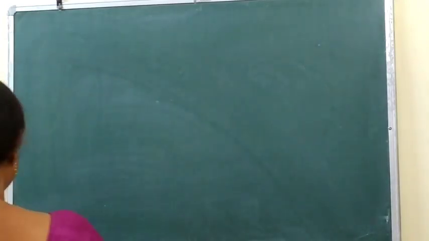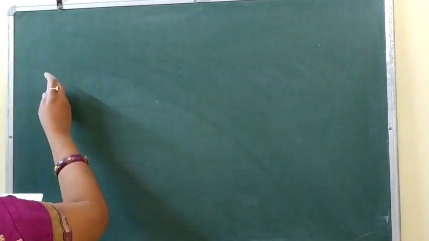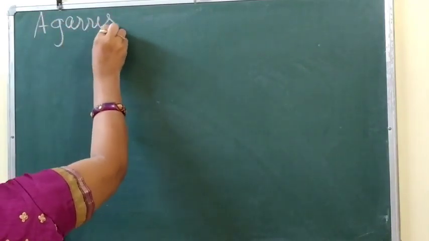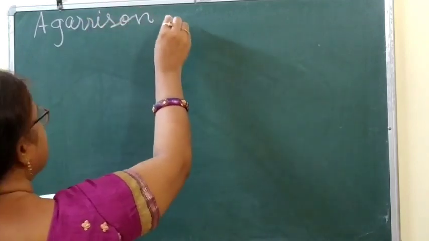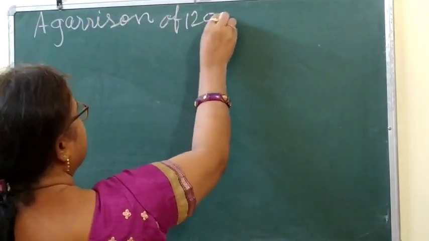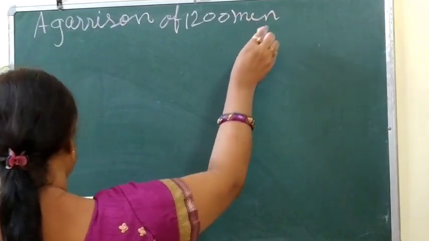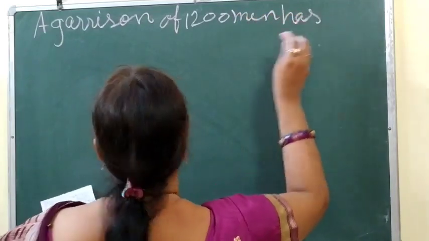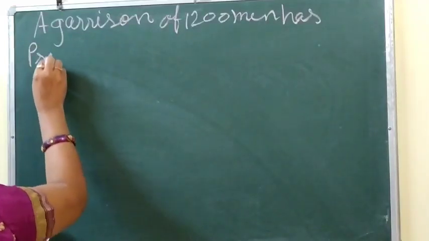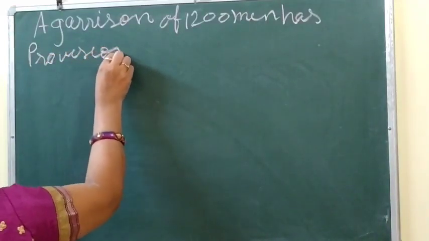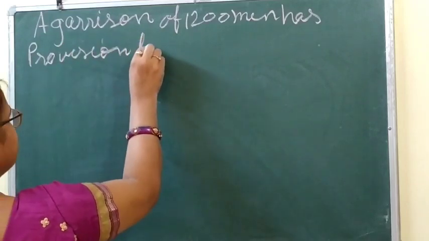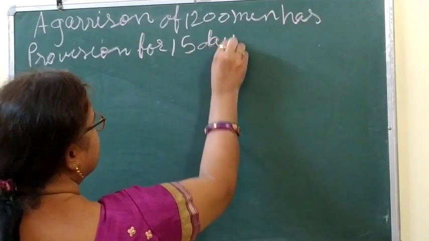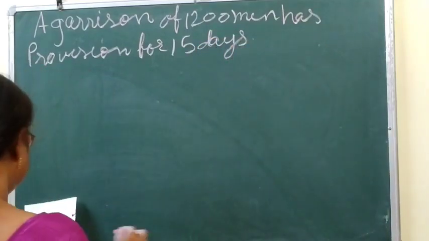Now the next question is, a garrison of 1200 men has provision for 15 days. This type of question earlier also we have done, isn't it?